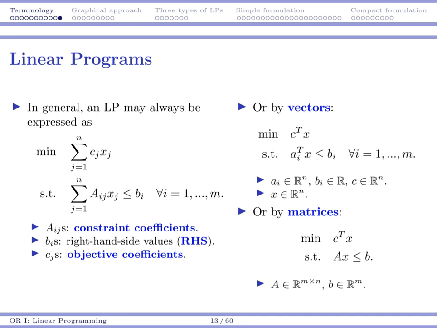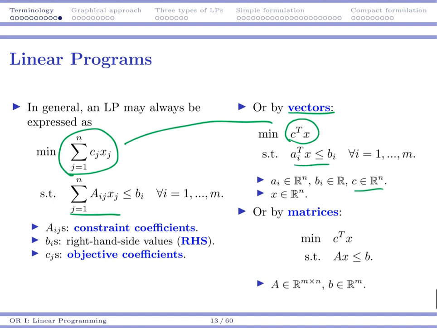If you like vectors, then we know that this particular summation is nothing but a vector, where c is a column vector and c transpose x simply means this summation. And for each constraint here, you may also express it as ai transpose x. And your ai again is a column vector, which collects all the coefficients you need for this particular constraint.